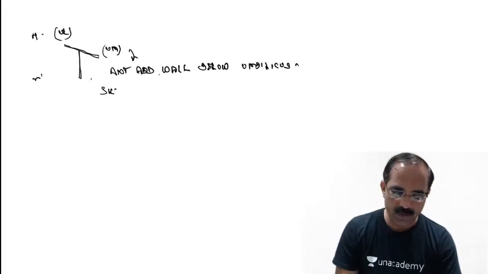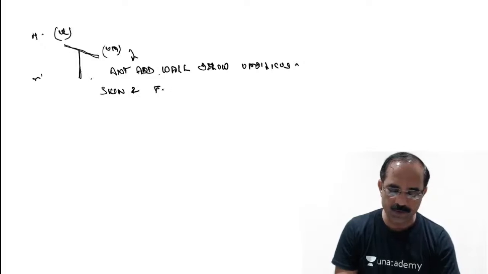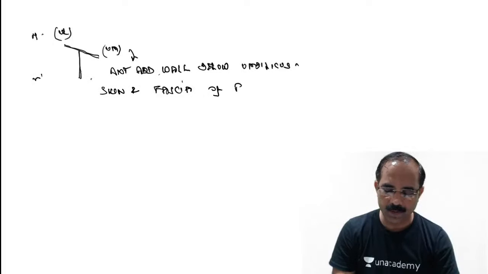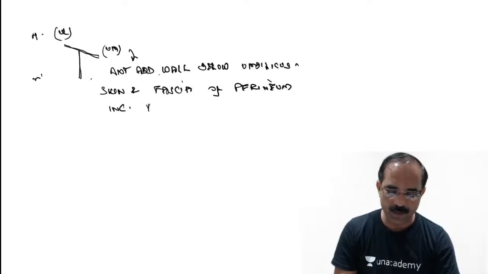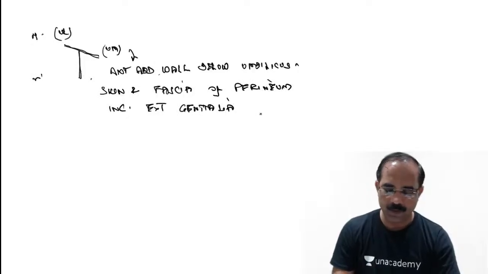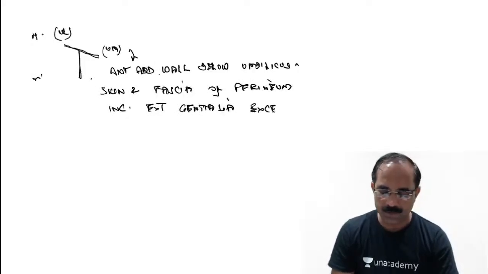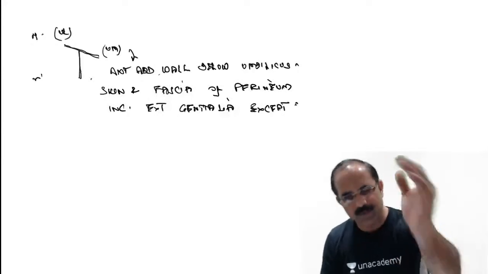It drains the skin and the fascia of the perineum, including external genitals, except, just remember this, another very important MCQ.